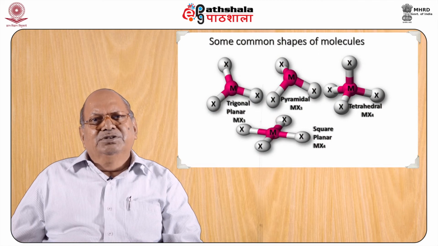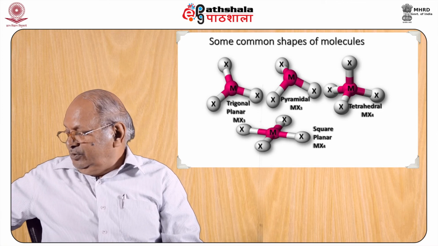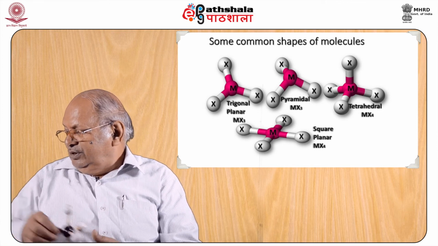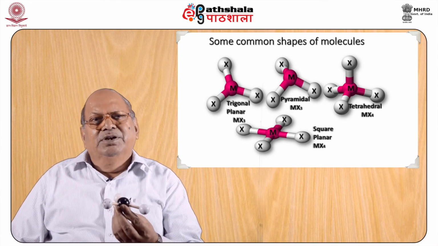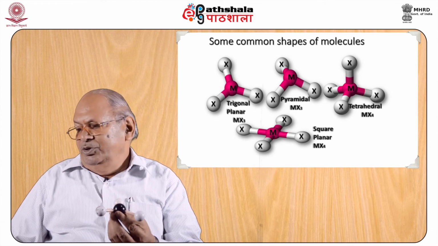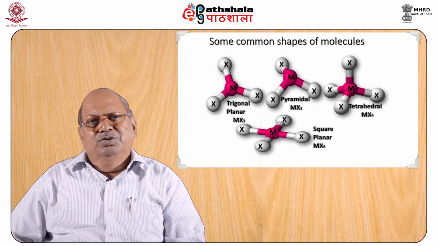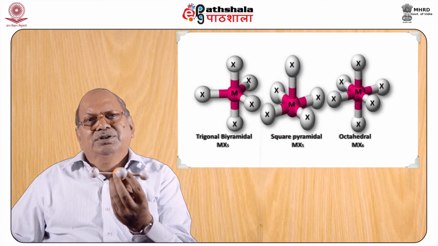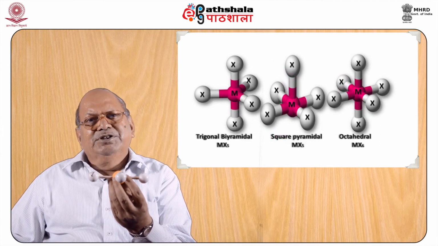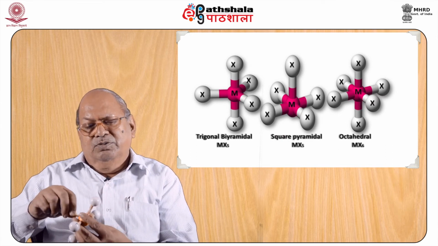Now let us, for example, show some of the shapes of molecules. If you have an MX3 planar molecule, this is my MX3 planar molecule. Tetrahedral MX4 is well known to you, and the square planar molecule is shown here. Now MX4 is this type. Now the MX5 molecule can be trigonal bipyramidal or square pyramidal.